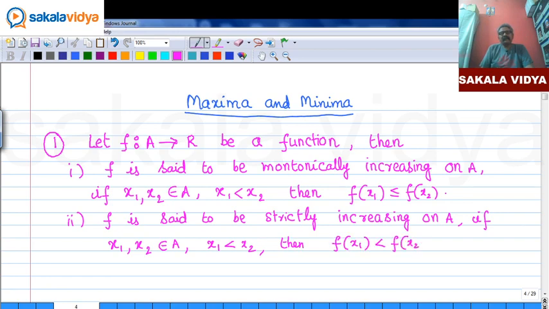This is called strictly increasing. Less than or equal to means monotonically increasing.